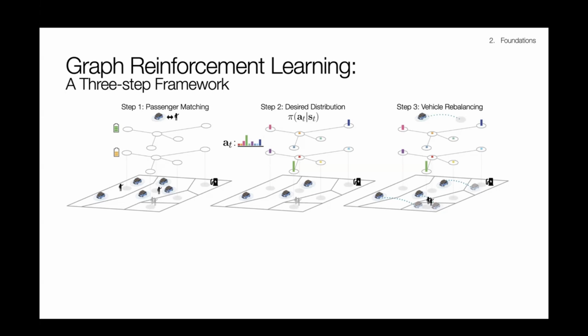If you want to include a batch of customers altogether, you could obviously do that in step 1. If you want something that has some kind of planning horizon rather than just instantaneous planning, you could do that. So this is fairly agnostic to the specific formulations of 1 and 3. What really matters is that step 2, which is RL, will implicitly learn to adapt its output depending on what steps 1 and 3 are.